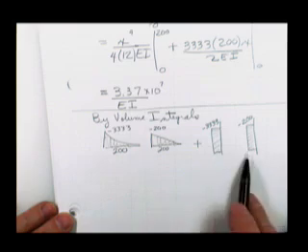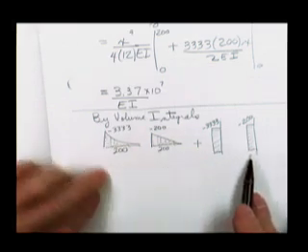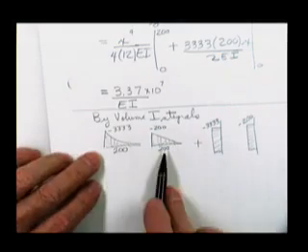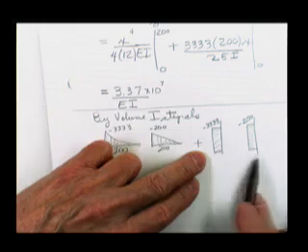And then when you get this one, you're going to have to divide it by 2, because don't forget your EIs. This piece here has got an EI, and this guy's got a 2EI.